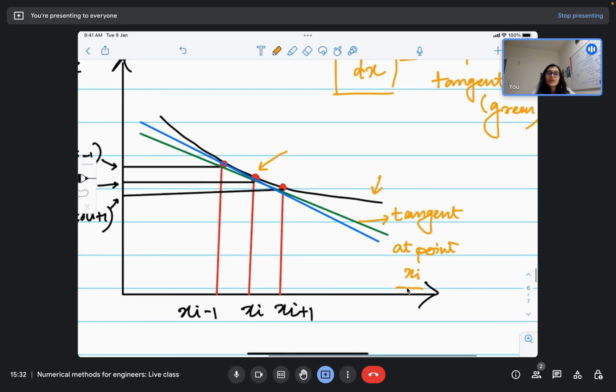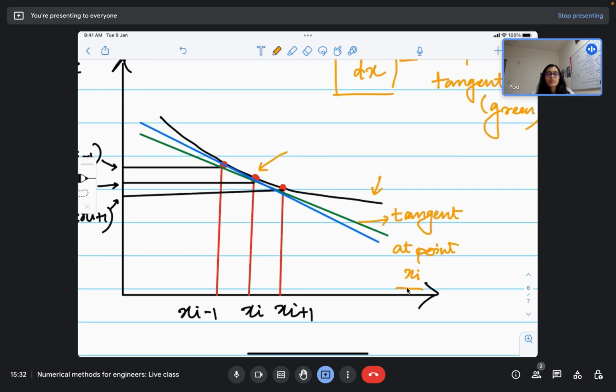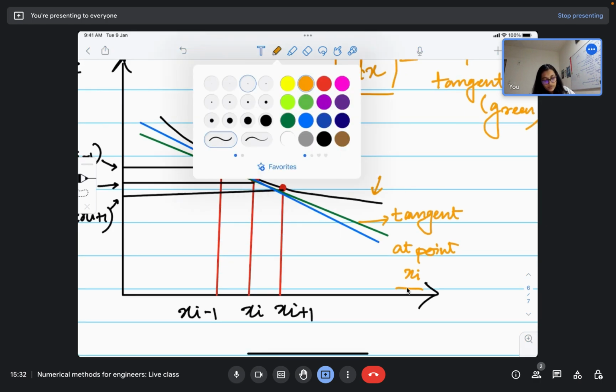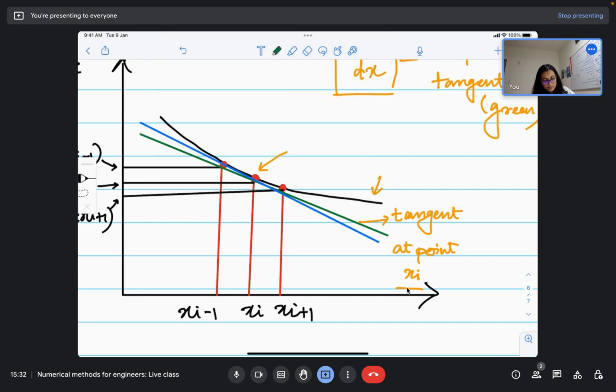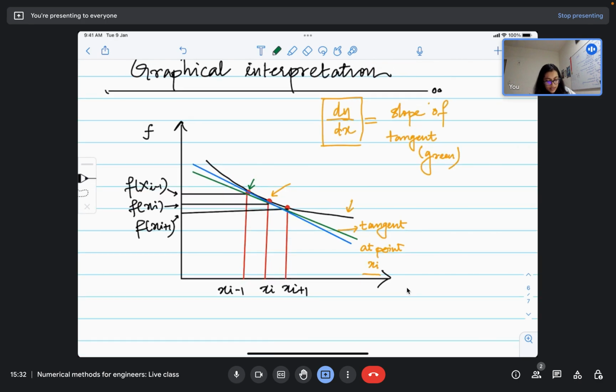But what we have done with the help of the backward difference formula is we take these 2 points, xi minus 1 and xi, and join them with a line and extend it.